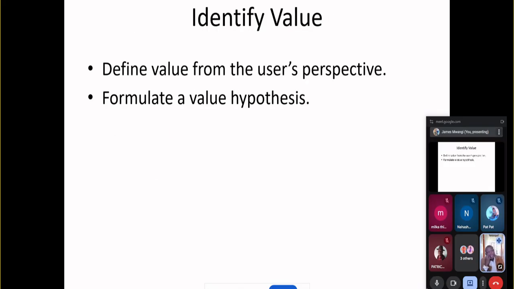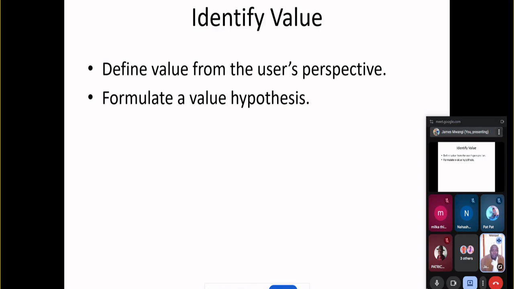Number one, you identify value. Identifying value is to define value from the user's perspective. That happened when we moved from big computers located in one place, the size of a building, to personal computers that can be used in the house.